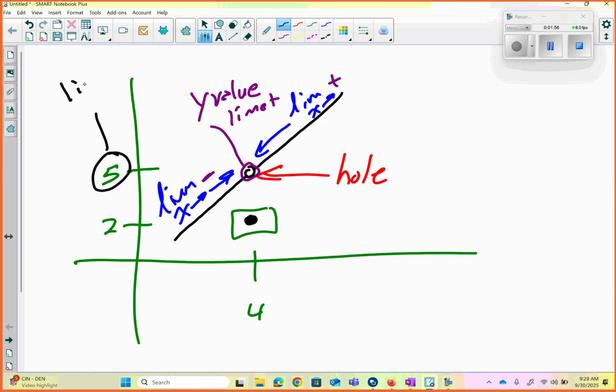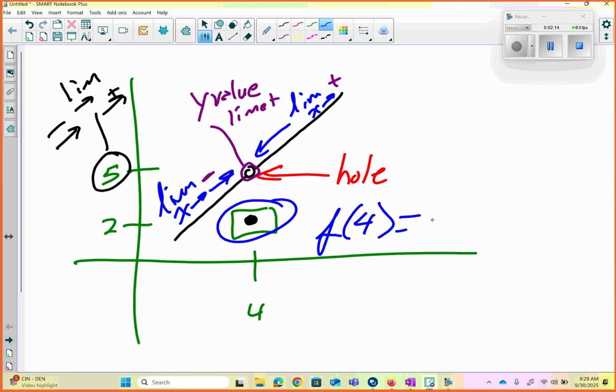This is all the limits, whether it's like this or like this or like this, and this is the same from the positive or to the negative. The only time this hole or this dot here is going to be the answer is if they say, what is the function at 4? So it's not even a limit. It just says, hey, the function at that point, this has to be 2.